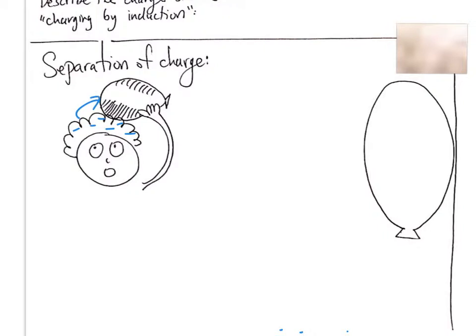So all of a sudden the balloon is not just neutral, it is now overly negative. I'll draw some positives in there just so we recognize that it's not just electrons on the balloon, but there are more electrons than there are protons.